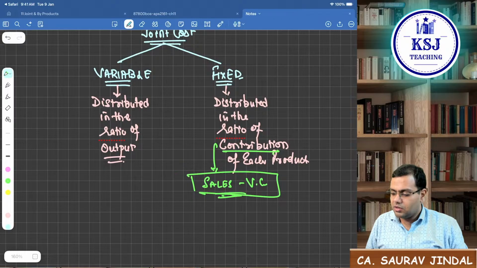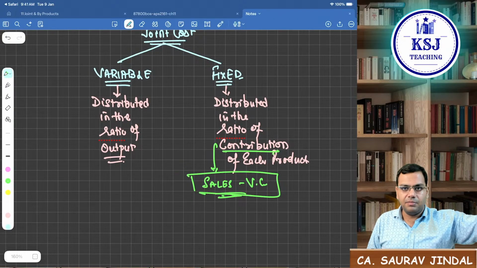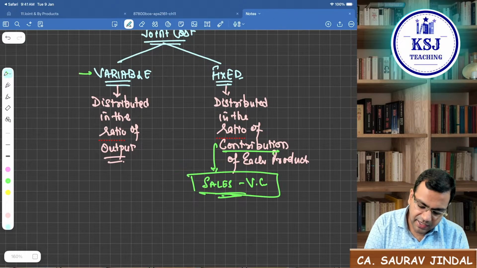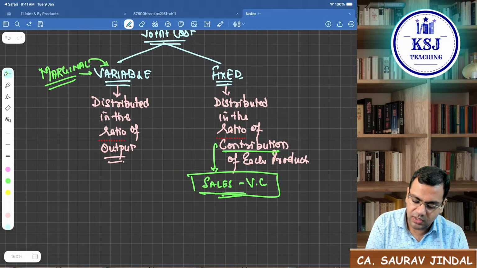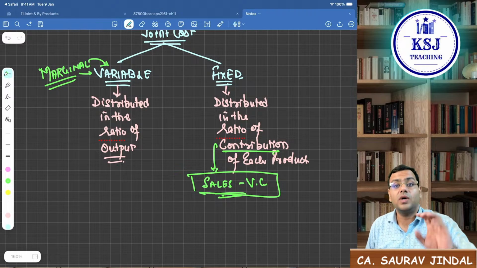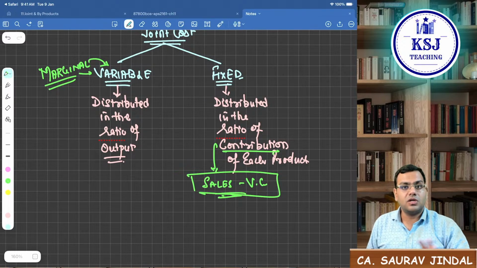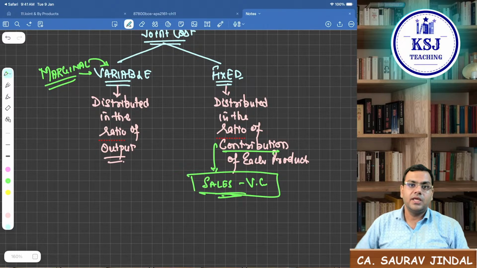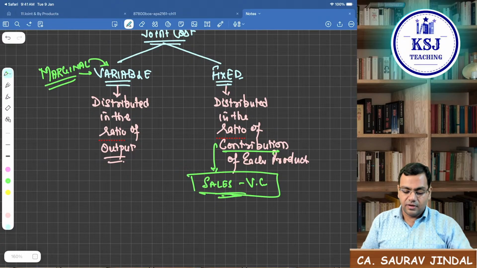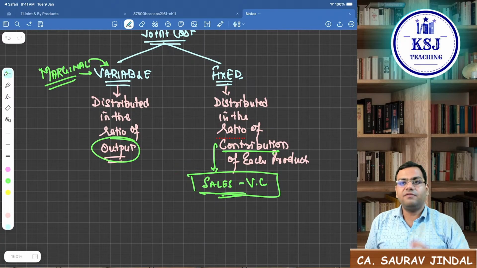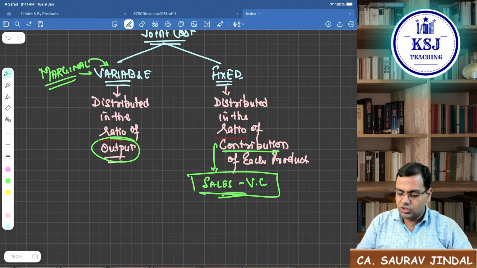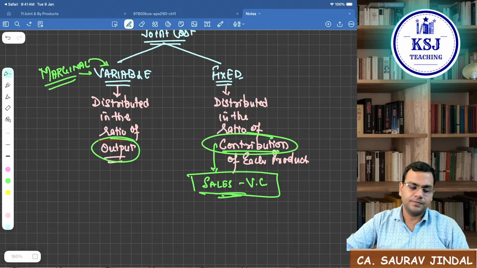In this particular case, it will be given what your variable cost is, or it can be written as marginal cost. Marginal cost is nothing but your variable cost only. In the illustration, if you see, they have used the word marginal. So variable cost is to be distributed in the ratio of output, and the fixed cost is to be distributed in the ratio of contribution.